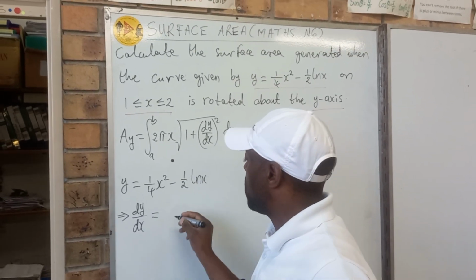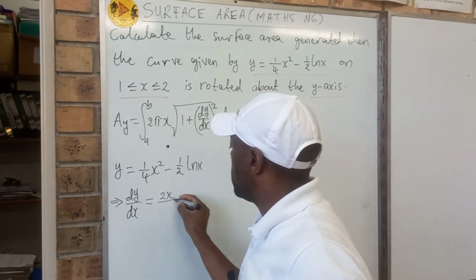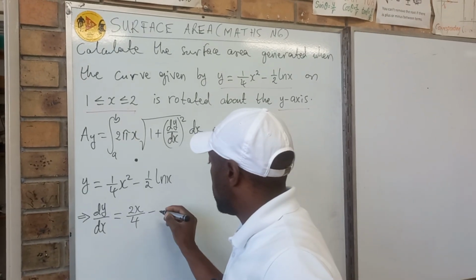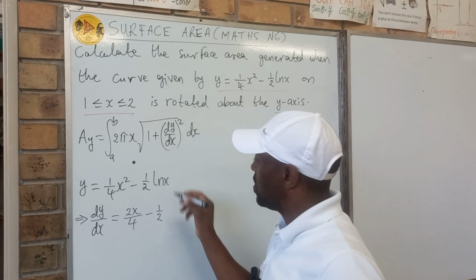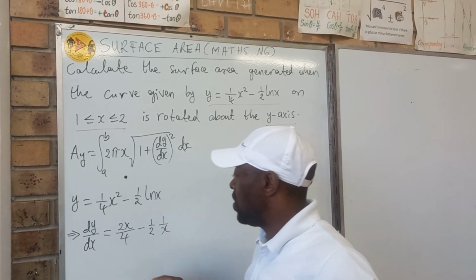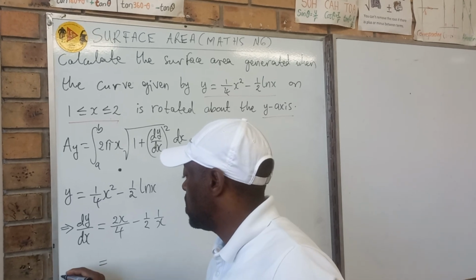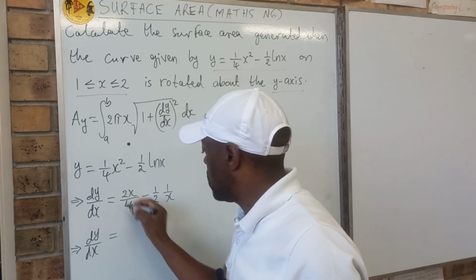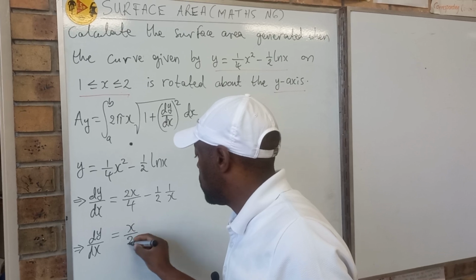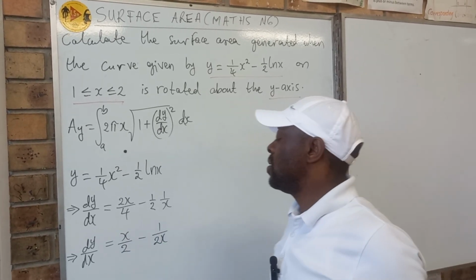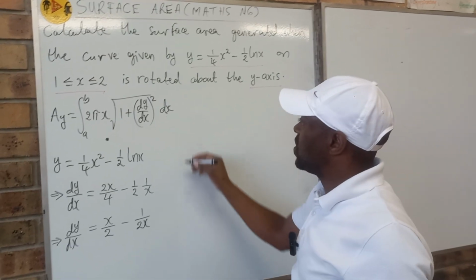If I differentiate x squared, it gives me 2x, then I multiply by 1/4, that gives me 2x over 4, then minus a half, we don't differentiate constant. If we differentiate ln x, we'll get 1/x. So if you simplify this, your dy over dx is equal to x over 2 minus 1 on 2x. That's what our dy dx gives us.